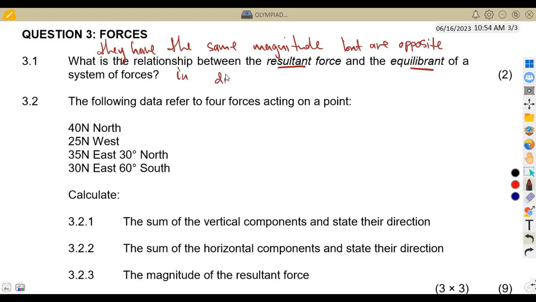This is what you're going to have as long as relating a resultant force and the equilibrium of the system of forces.